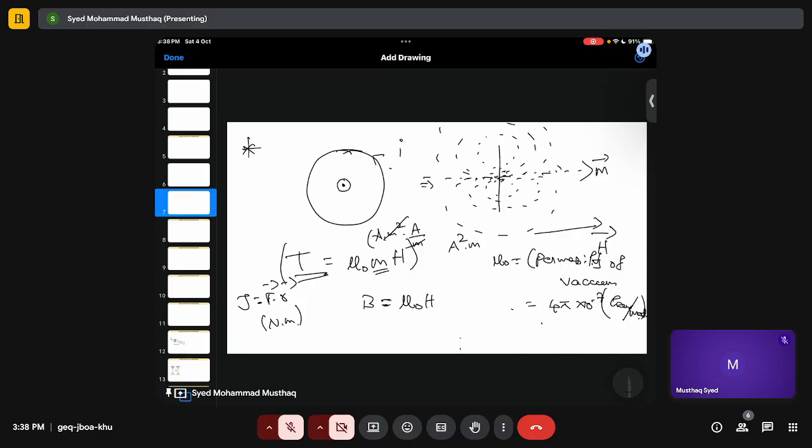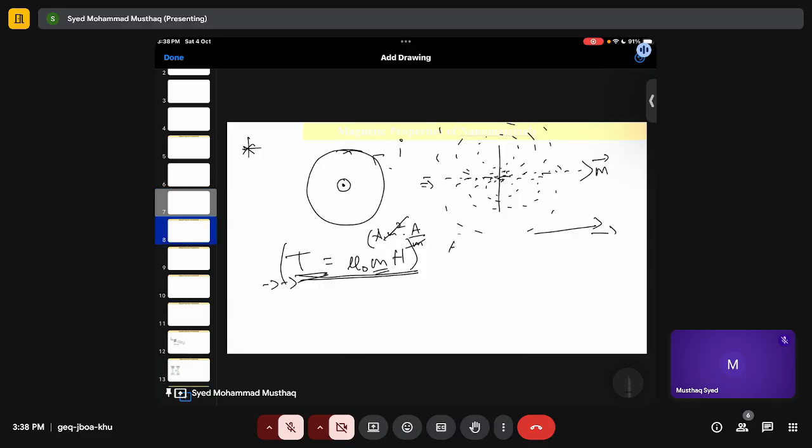So you can see the difference between this equation and this equation. This equation's difference is torque per magnetic moment. And what is the torque?